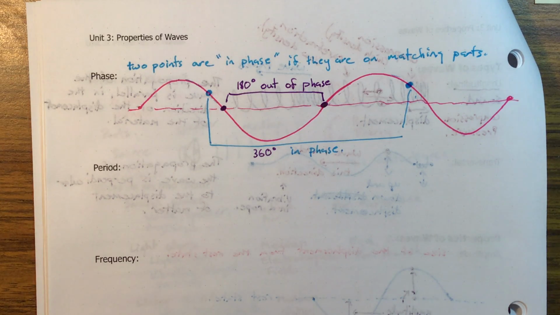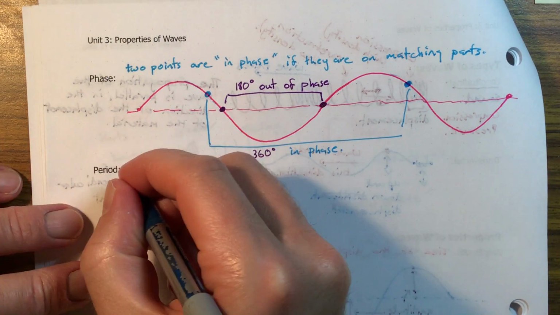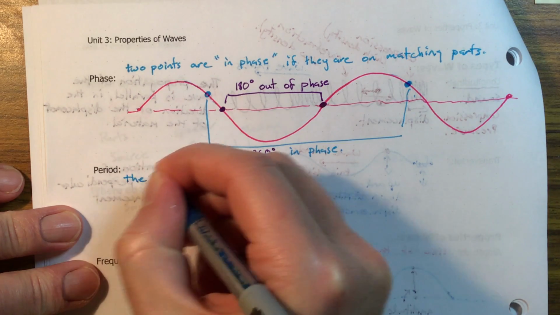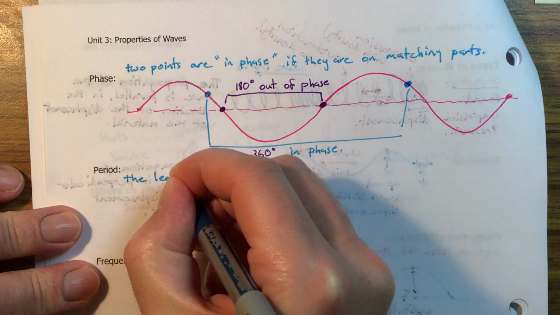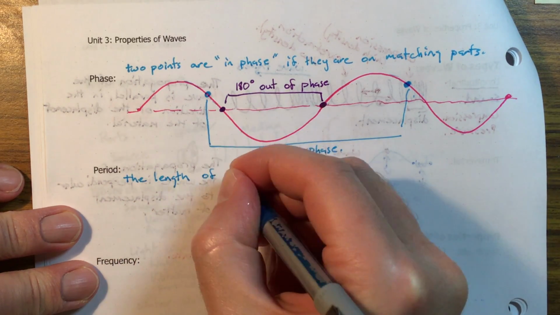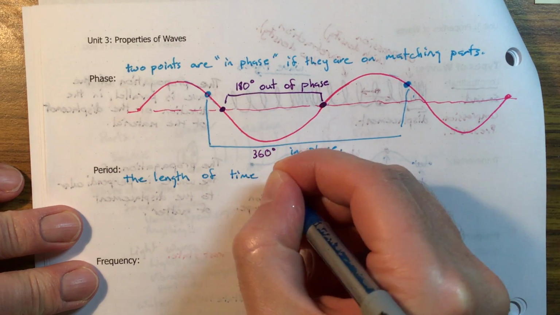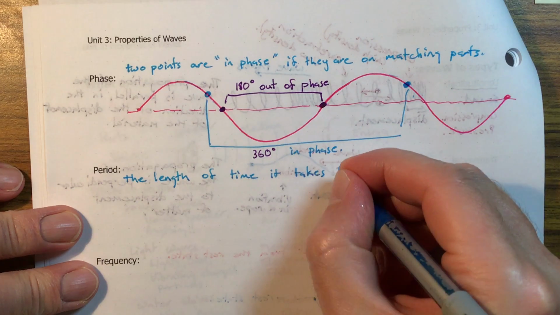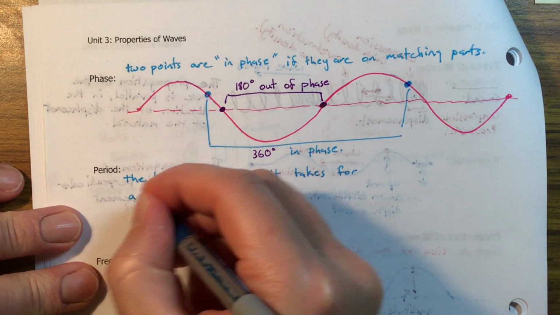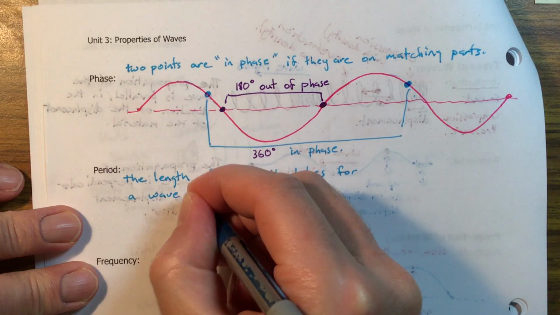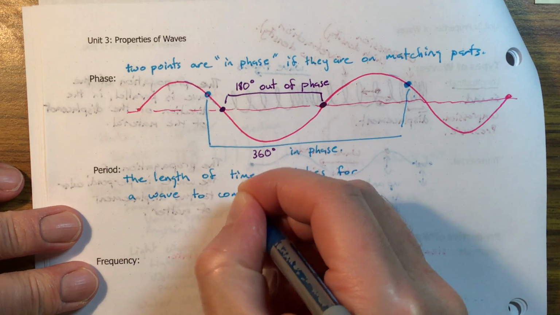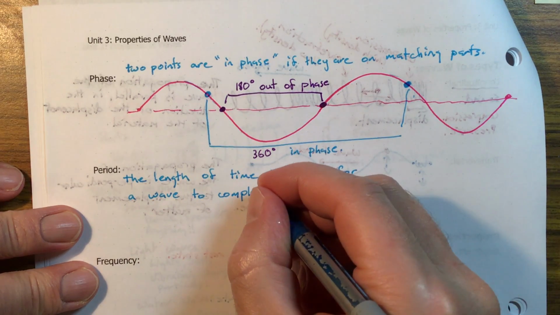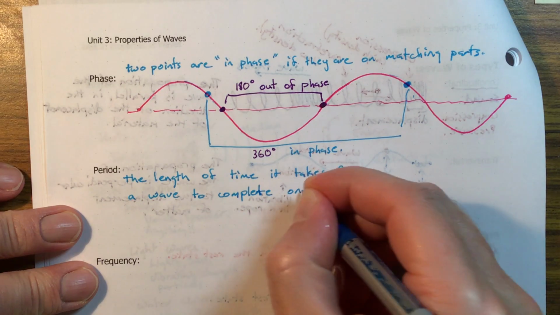What is the period of a wave? The period of a wave is the length of time it takes for a wave to complete one cycle.